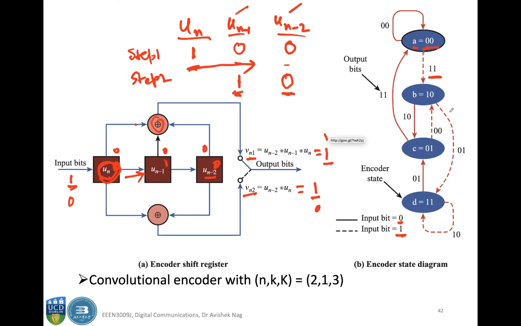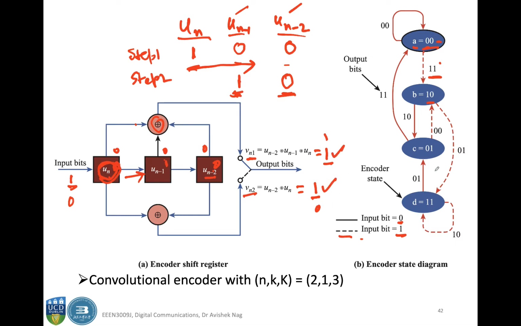So when at state 0 0 your input is 1, which is represented by this dotted line, because the dotted line signifies input 1, then you reach the state 1 0 with an output 1 1.